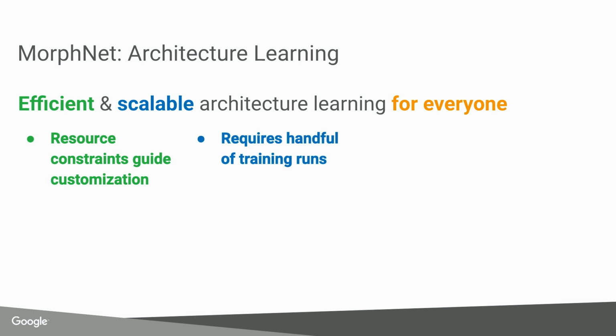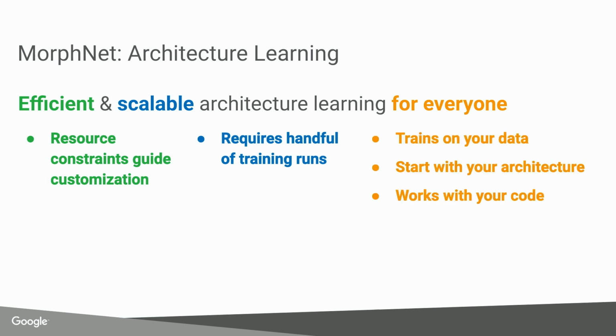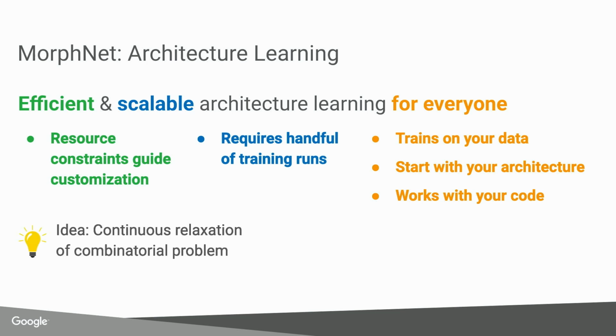It has to be scalable in the sense that it only needs to allow you to use a handful of runs. You don't need to have an extra data center only for your architecture learning. And it has to be really custom for you. It has to train on your data, on your model, hopefully on your code, up to some fine print.